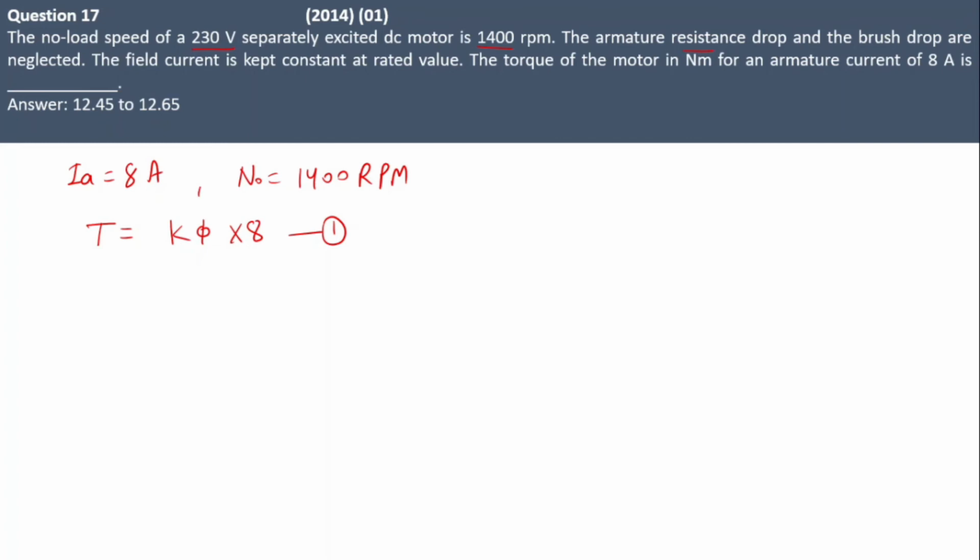Armature resistance is negligible, so back EMF at no load will be equal to V, which is 230, equal to K phi omega n, which is 2 pi n, 1400 by 60, cancel out.